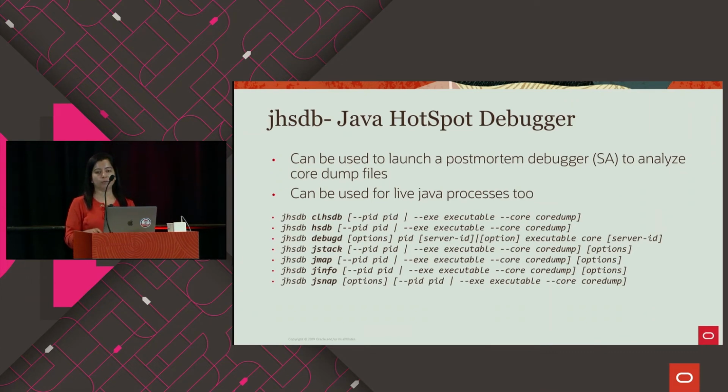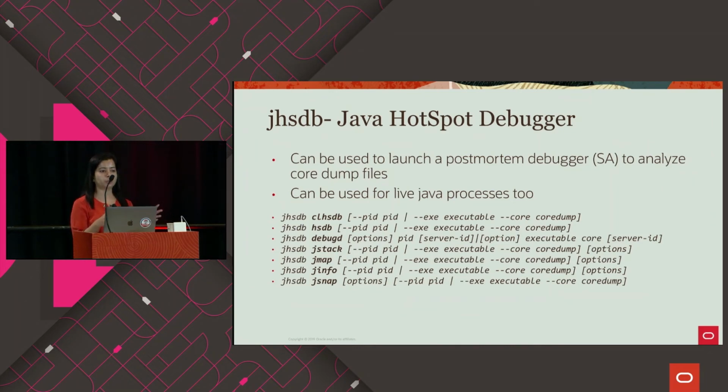One thing I would like to point out here is that the slide says it can be used to monitor live processes as well, but since it uses the serviceability agent to do that, the serviceability agent halts the process while it is examining it.